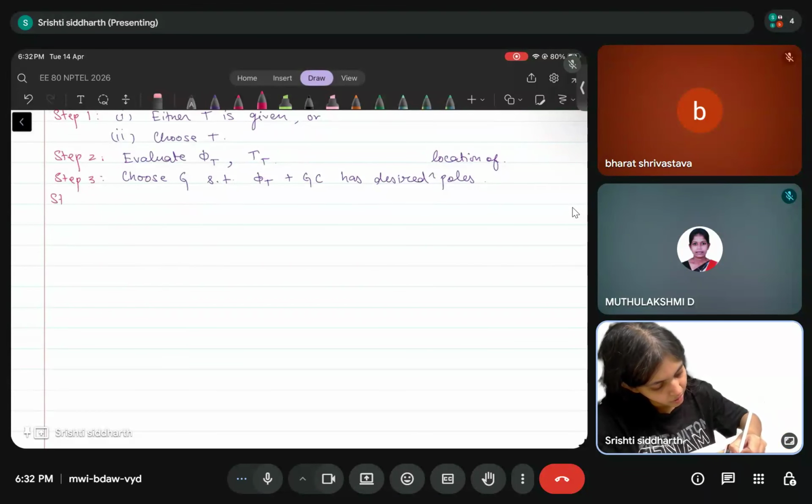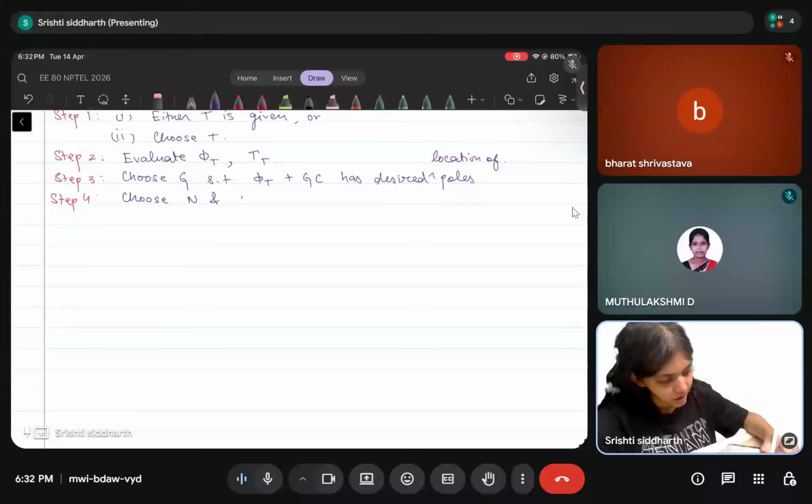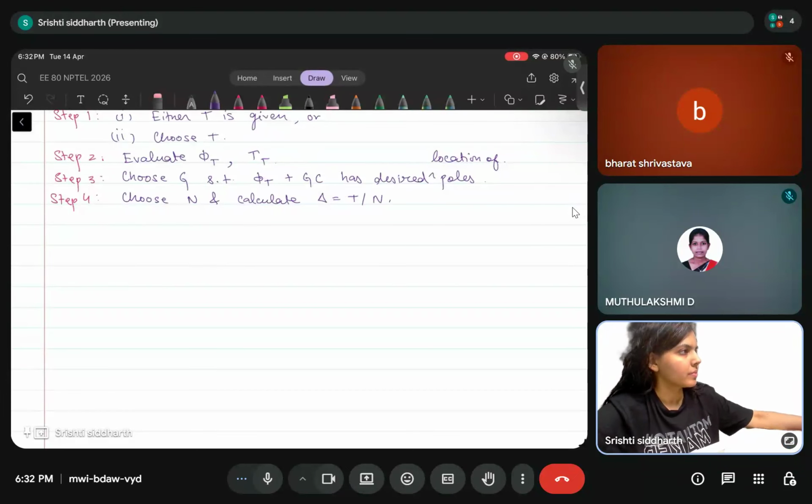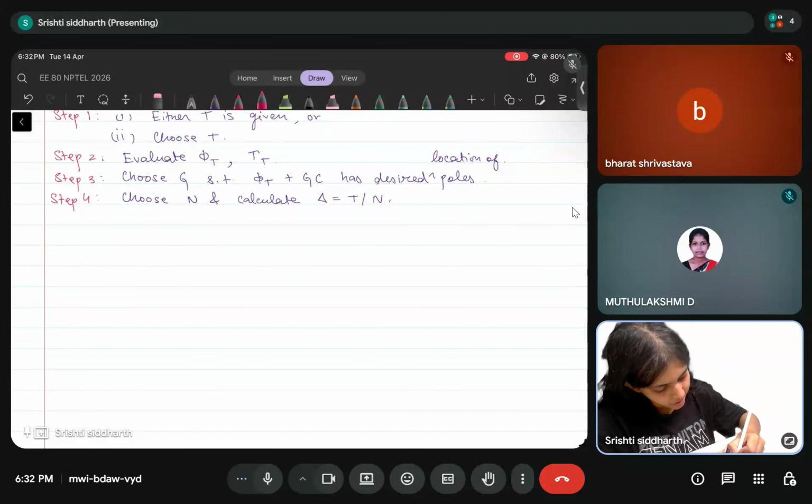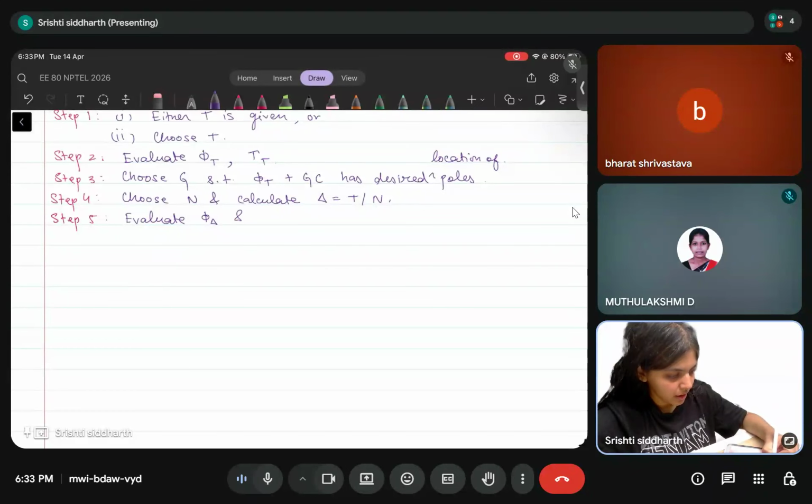Then step 4 is, so you have T, now you need delta. So choose N and calculate T over N. Once you have delta, we need to find out phi sub delta and gamma delta.